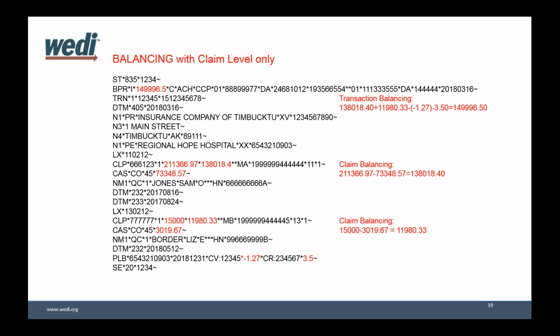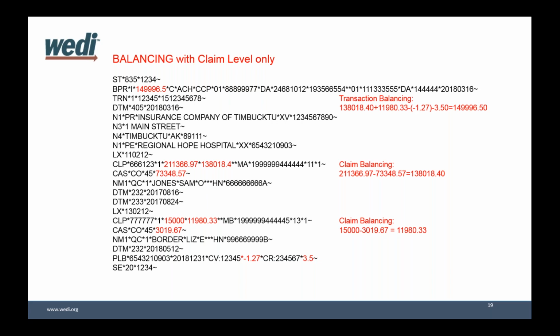But now we have to consider additional amounts that are down in the PLB. And in this case, we've got a negative there. So that negative is actually going to be subtracted from the $3.50, and that's going to net $2.25. So we're going to subtract $2.25 to make this $149,996.50 as a net payment.